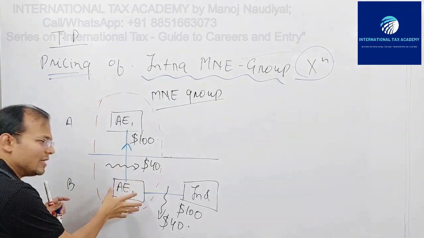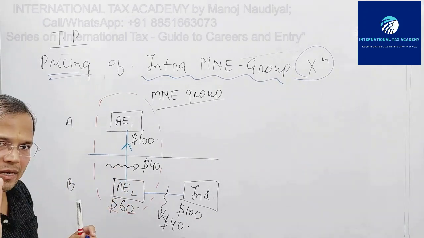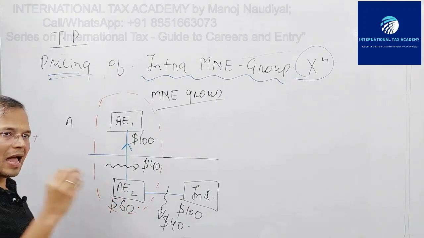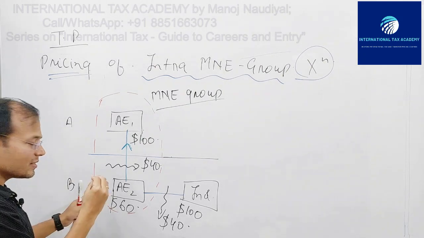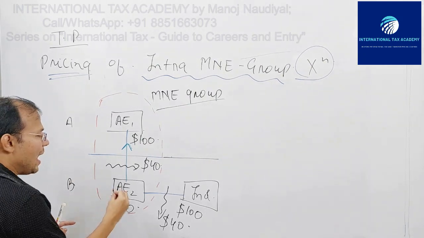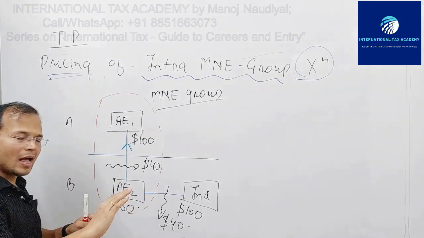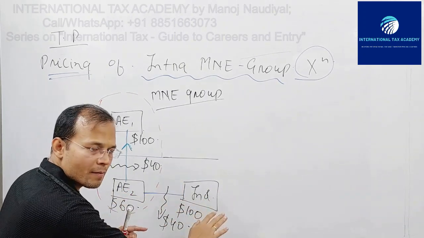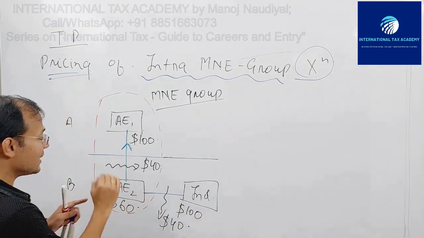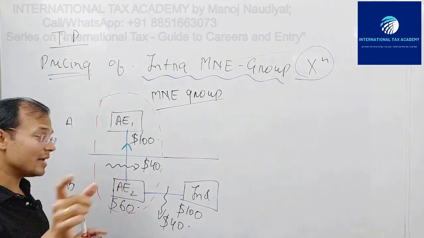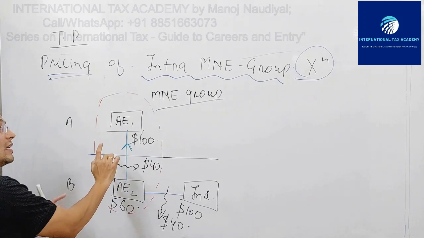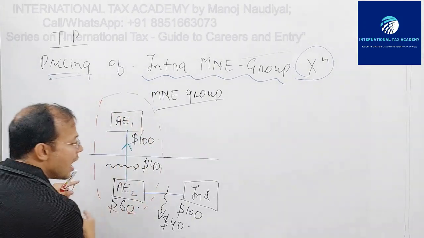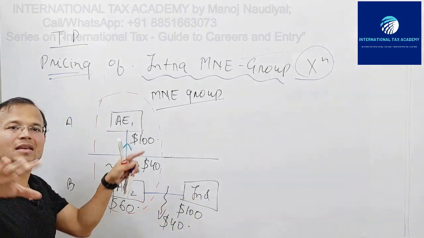This associated entity has manufactured an item, and this is selling this item at $60. This is selling this item at $100 to an entity which is external to this group, as well as it is selling the shoe at the same price $100 to an entity which is part of the same MNE group. So $100 transaction, $100 transaction, and this is an ideal situation.